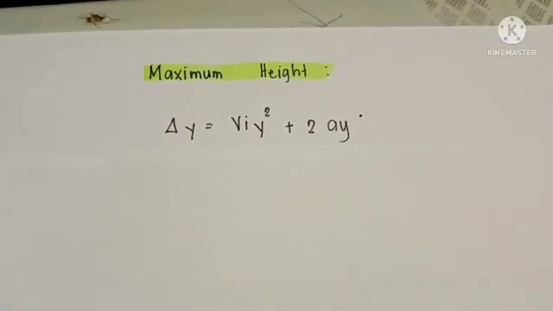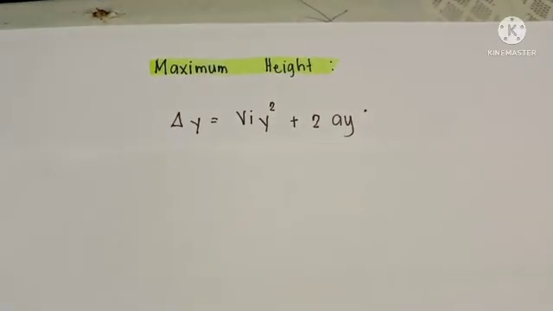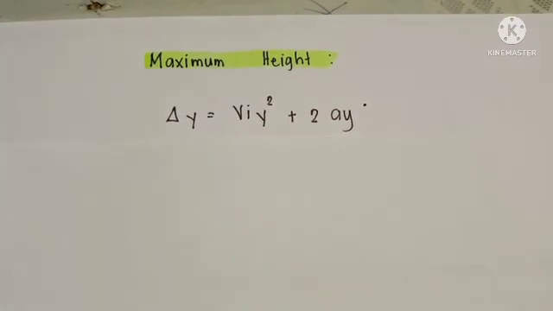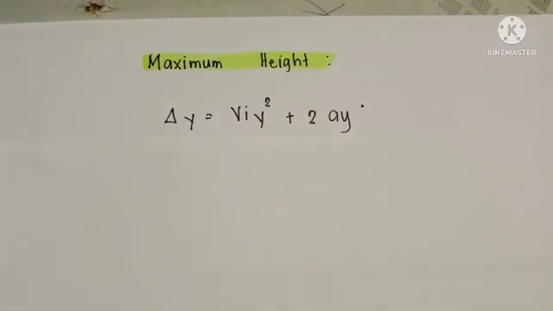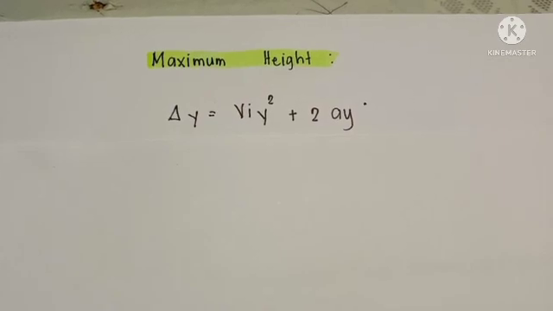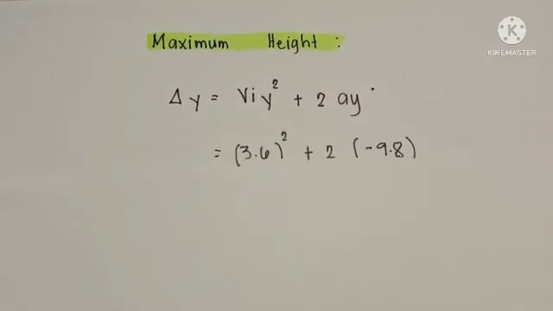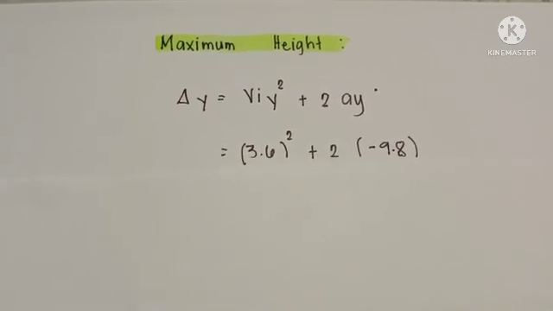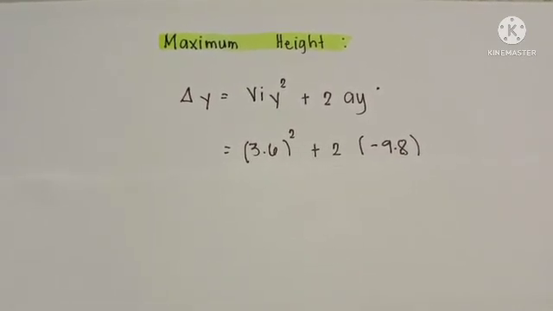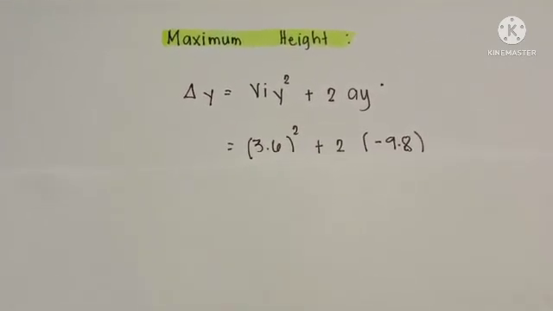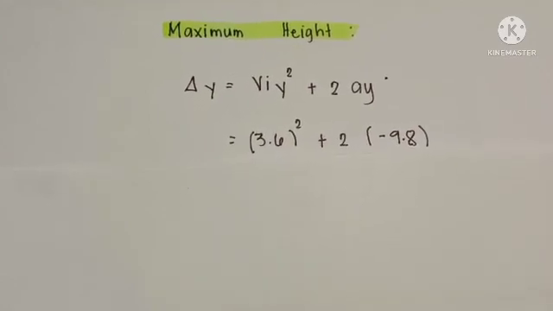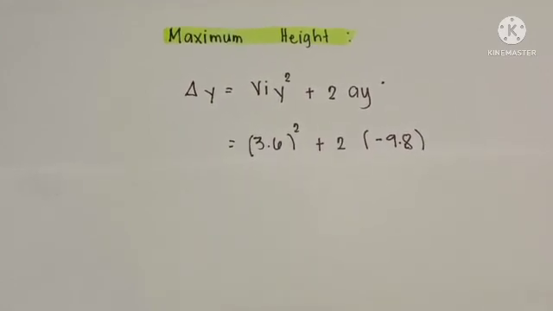Now I am going to solve the maximum height, and the formula that I am going to use is delta y is equal to the initial velocity in the vertical direction squared plus 2 times acceleration times y. So the initial velocity in the vertical direction is 3.6 squared plus 2, and the acceleration is negative 9.8.